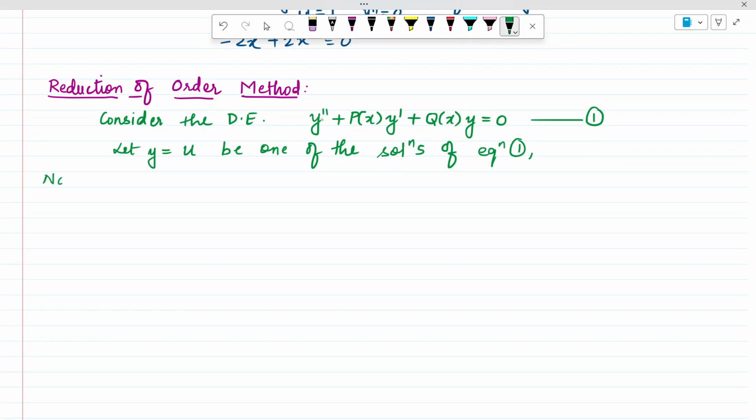So now we assume y is equal to u times phi is another solution. Okay, or is a general solution. So your target is going to be to find the value of this phi.